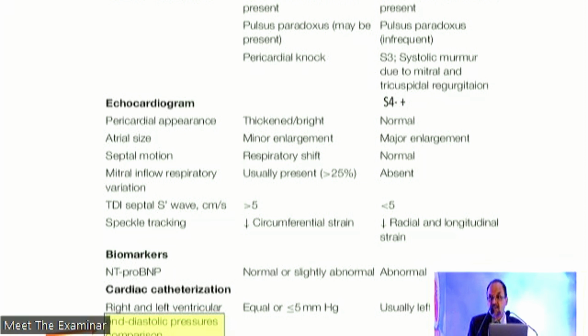Please remember, when you say there is an equalization of diastolic pressure, your examiner is bound to ask you which part. Is it the mean diastolic pressure? Is it the early diastolic pressure? It is the end diastolic pressure which has equalization, and the difference between the various chambers is less than 5 millimeters of mercury.